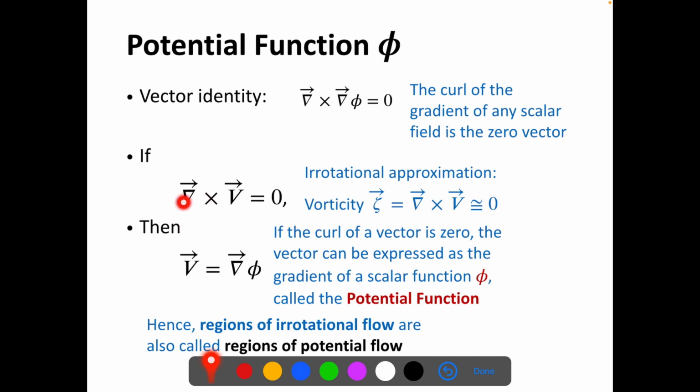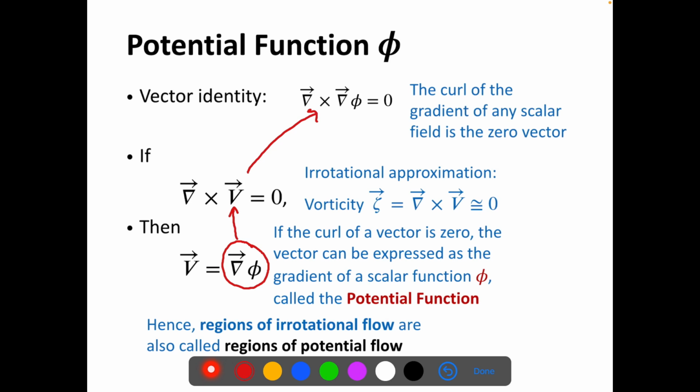So if nabla cross product V is equal to 0, then V is equal to nabla phi. If you put this inside this, because this one is the same, you will get this identity again. So the V vector is basically the gradient of the scalar.